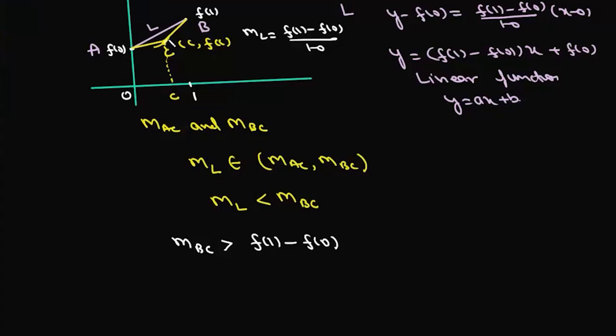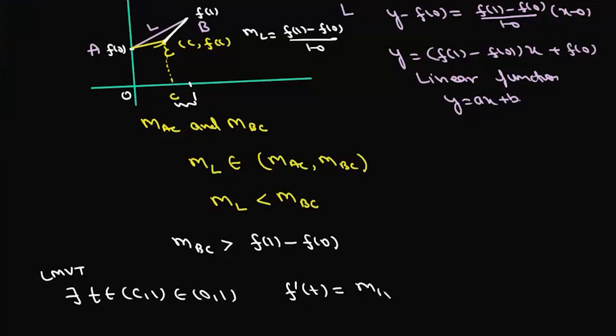Now slope of BC is the average slope between B and C. So using Lagrange's mean value theorem, in this interval between C and 1, we can say there exists a t in the interval C to 1, which again lies between 0 to 1, such that f dash t is equal to the slope of BC, and slope of BC is greater than f1 minus f0.